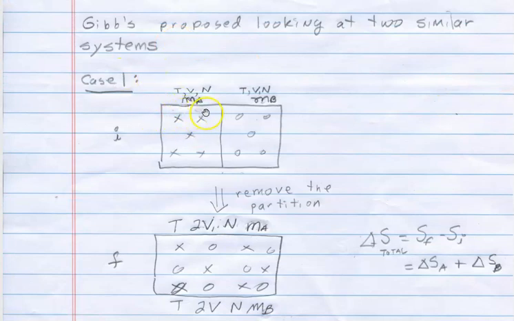Let's suppose that I've got over here a system on the left that consists of an ideal gas at temperature T, and the volume on this side is V, and I've got N of these ideal gas molecules inside this volume V. They have mass M sub A, so I have A-type molecules.